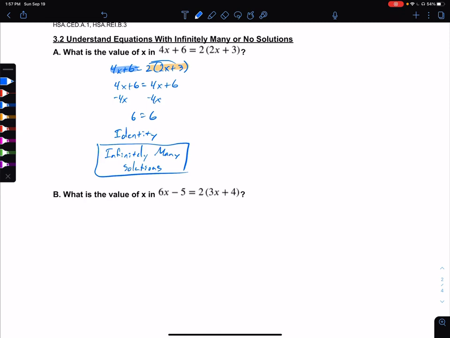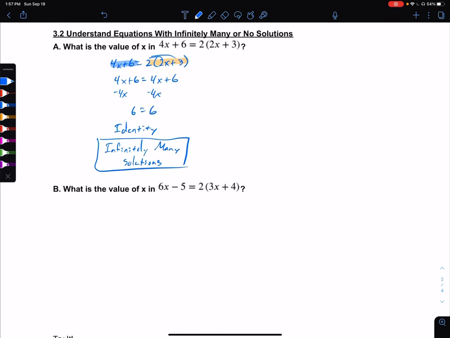Now in part B, let's see what happens if we try to solve this using the methods that we've been using. Again, the first thing I want to do for this specific problem is distribute that 2. So I get 6x - 5 is equal to 6x + 8.